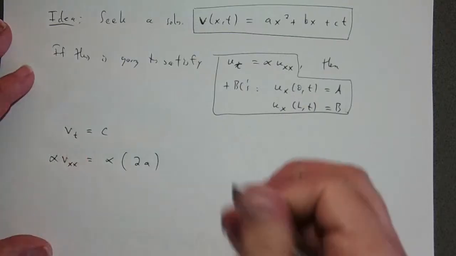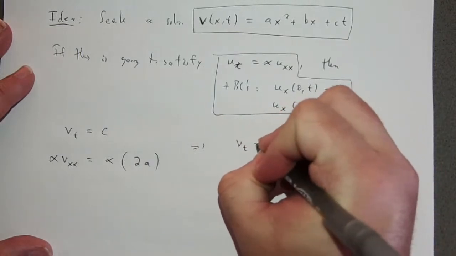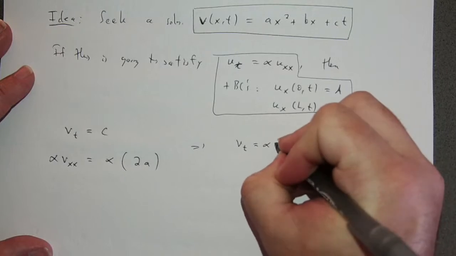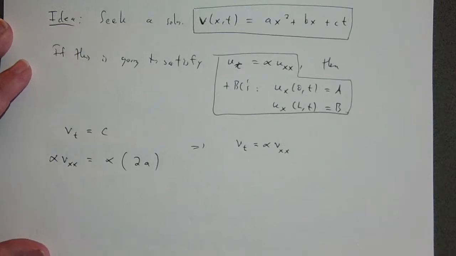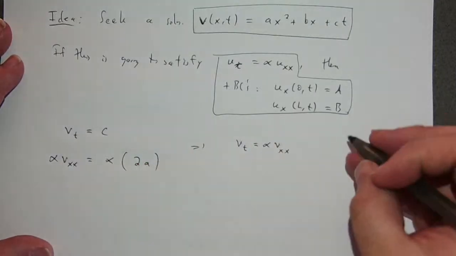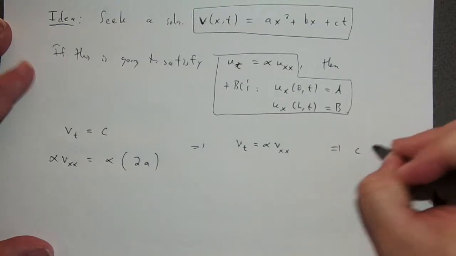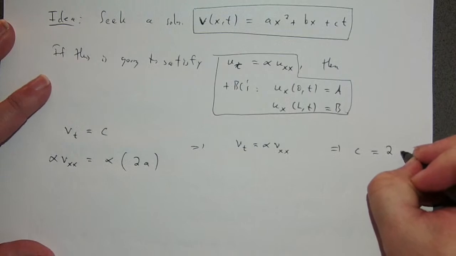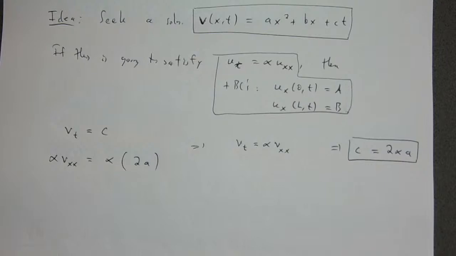So this immediately says that if v sub t is going to be equal to alpha v sub xx, then c needs to equal 2 alpha a, right? So c has to be equal to 2 alpha a, and that's the first relation I get to make sure that this works.